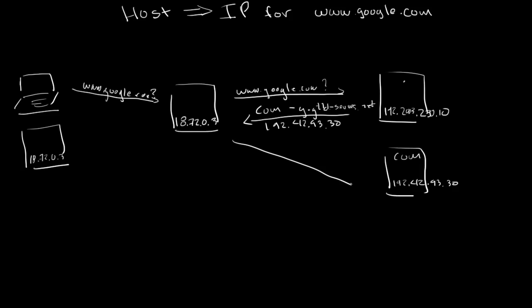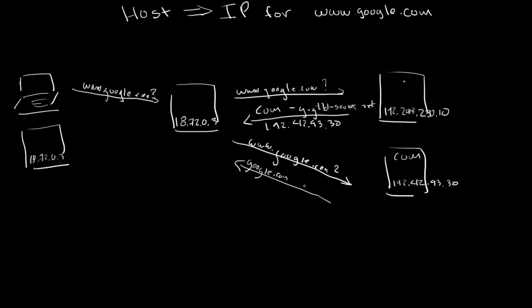And we could then ask the question again, do you know the IP for google.com? Now this server would not know the IP either, but it would know the authoritative name server for google.com, and so it would reply with that information.